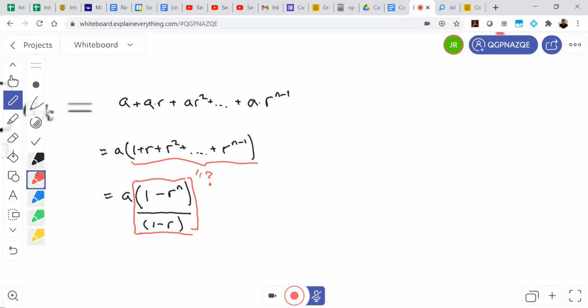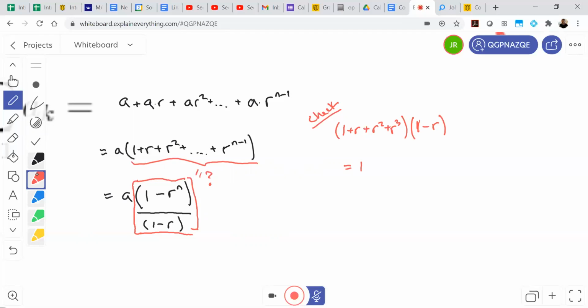If we're clever, we can make the following observation. Let's say n is equal to 3 or 4 or something. So if we have 1 plus r plus r squared plus r cubed, and we multiply that by 1 minus r, so this is maybe checking, that's going to equal, well, I have to multiply the 1 by everything.